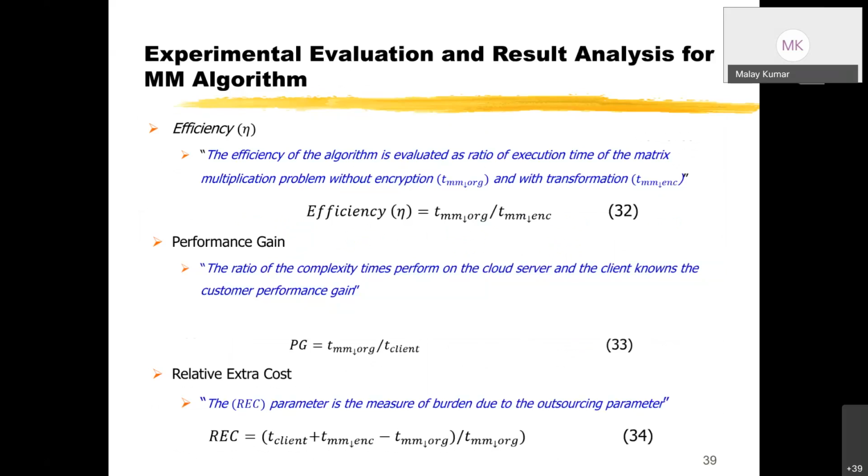Whenever an experimental evaluation is performed, the efficiency is computed over the original operation of matrix multiplication, and then the matrix operation performed in the encrypted domain.